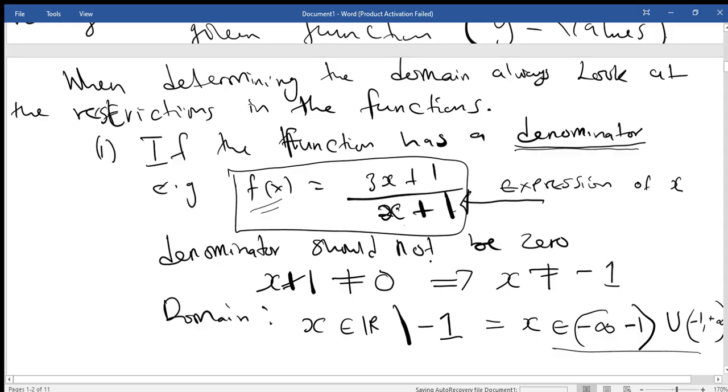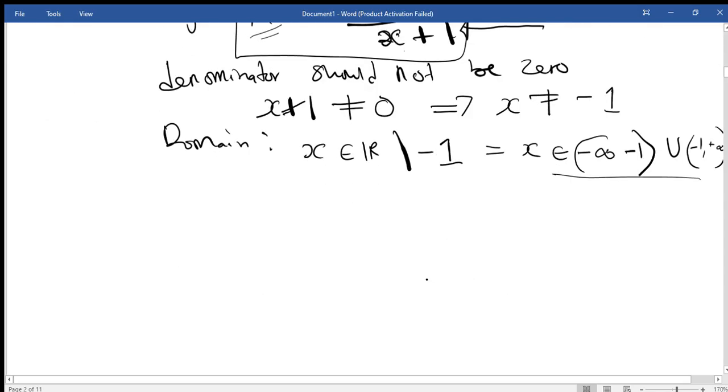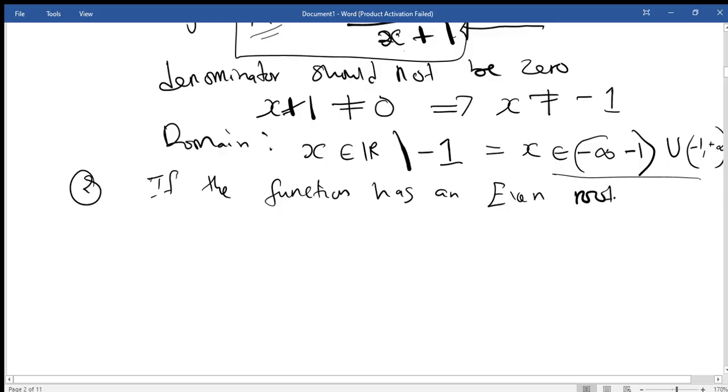The other thing, or the second restriction you can also talk about for now, is you having an even root. If the function has an even root, what happens?